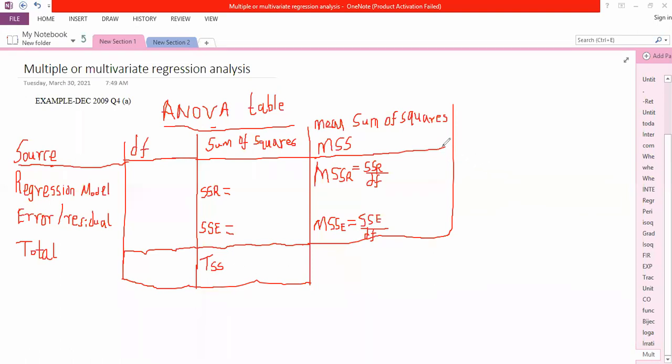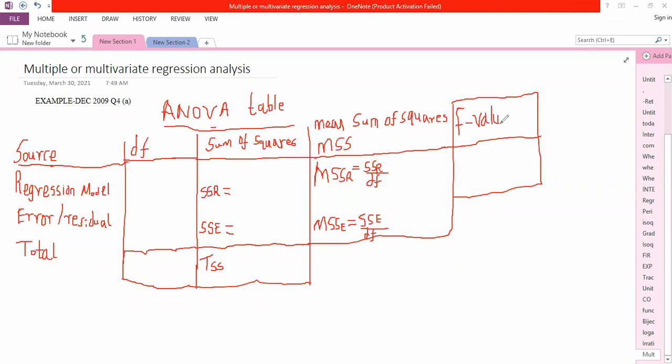Now, after we are able to get the mean sum of squares, we can now do a test using what we call the F table, and we construct what we call here the F value.